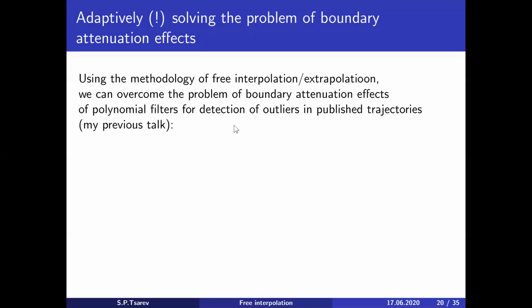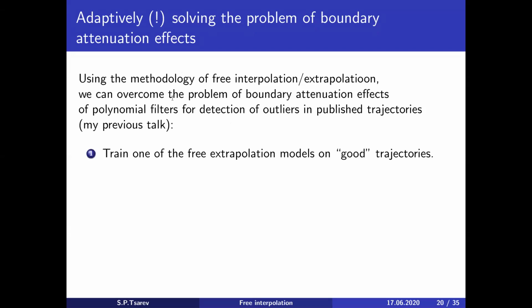Okay, so solving this interpolation problem, let's turn to the problem of boundary attenuation effect of polynomial filters I talked about in my previous talk 2 weeks ago or 3 weeks ago, yes. Using this methodology, we can overcome this problem very easily.